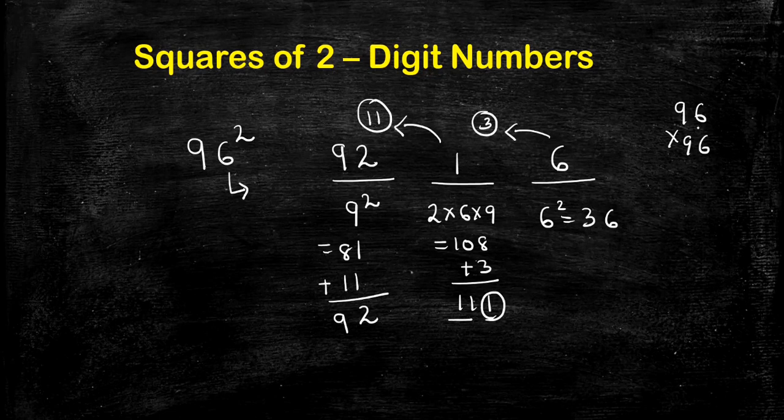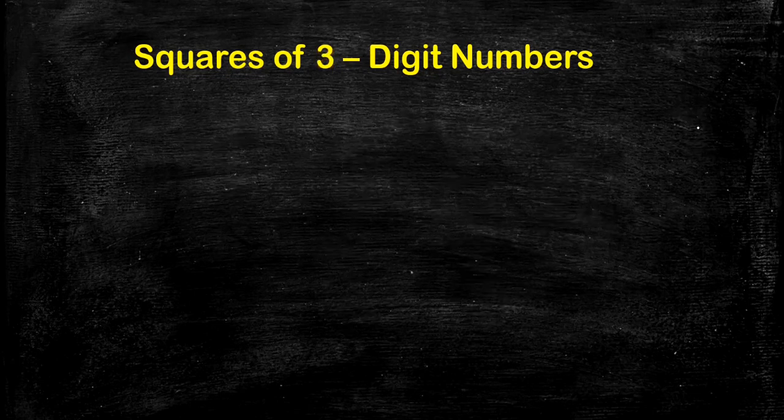Now let's see how we can find the square of a three-digit number. In this case, we will be applying the same concept with a slight difference. Let's consider 413 square. Again, here also we are going to allocate 3 spaces, but the only difference is each of these spaces now can hold 2 digits.